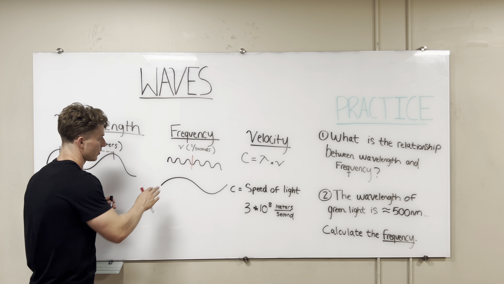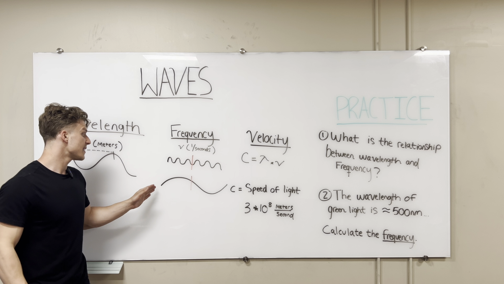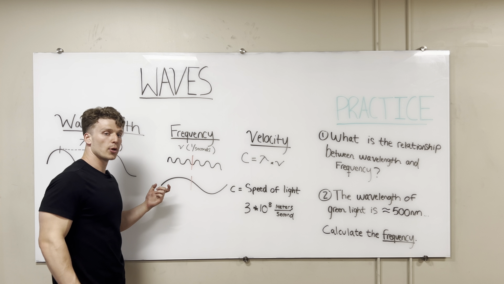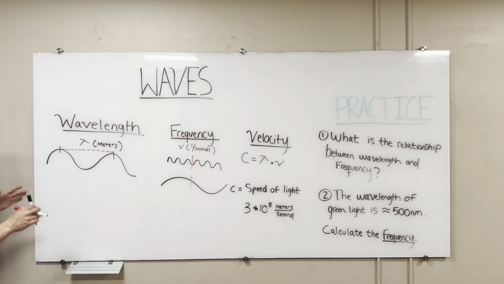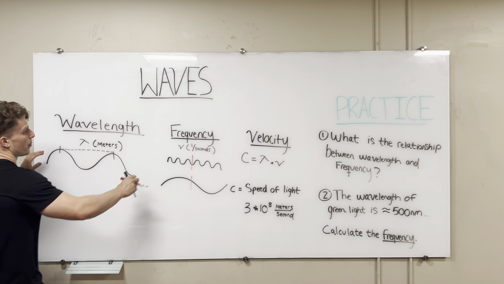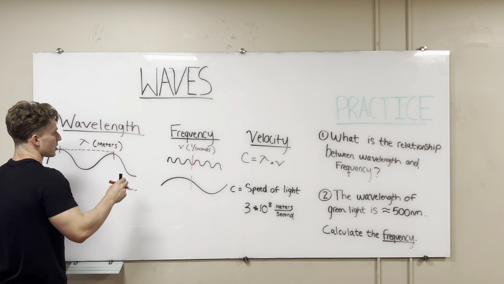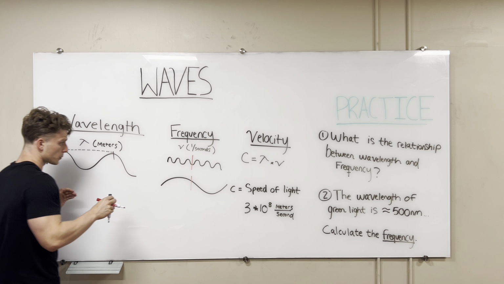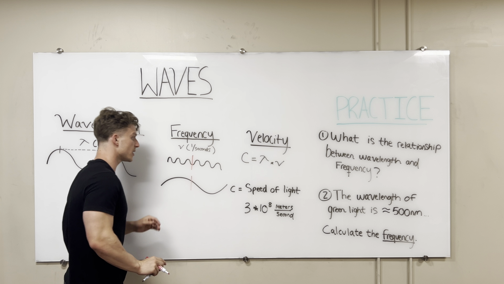If we do the same thing down here, what would we notice about the frequency of this wave? This has a much longer wavelength. That means a smaller number of complete waves are going to pass through this point per second, making it have a lower frequency. Now, one important thing to note is that as the wavelength increases, your frequency is going to go down, because the longer your wave is, fewer complete waves are going to be able to pass through a certain point per second.